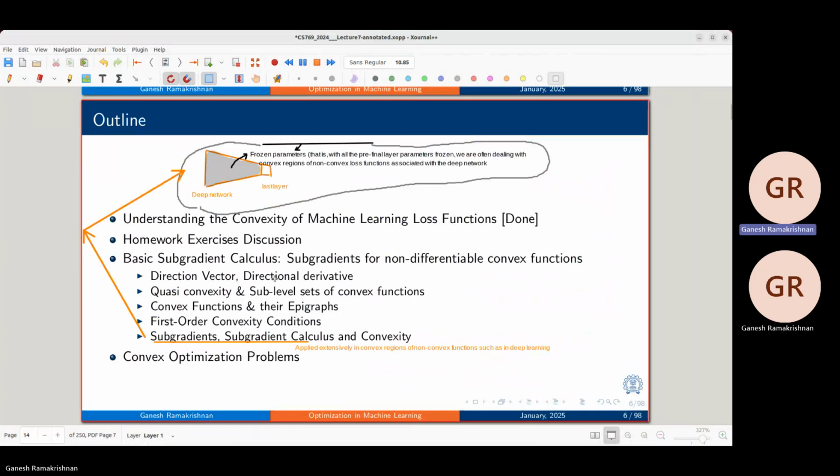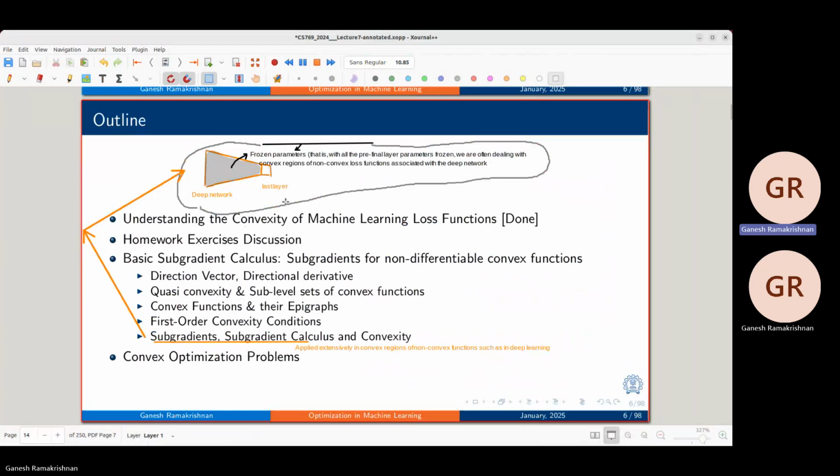While I've said it in the past, I'm again re-emphasizing that many of these properties become extremely relevant the moment you start looking at properties of the loss function with respect to a selected set of weights in deep networks, including transformers. So, for example, if you have frozen parameters, with pre-final parameters frozen, we're often dealing with convex regions.